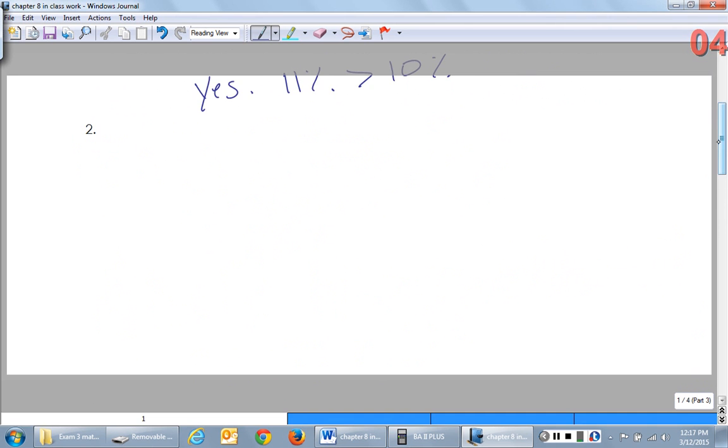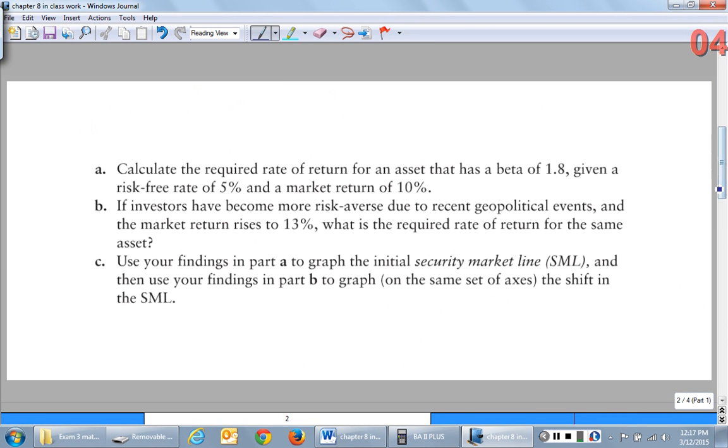So number 2. Number 2 asks you to calculate the required rate of return for an asset with a beta of 1.8. The risk-free rate of return is 5% and the market return is 10%. So we use the capital asset pricing model.